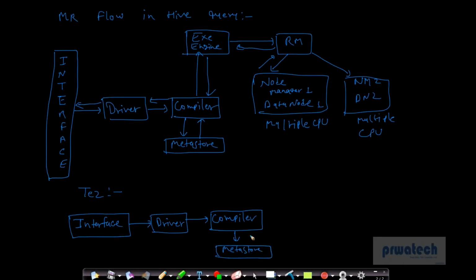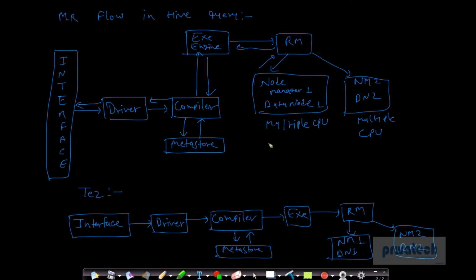From metastore, they're going back to compiler, then execution engine, processing in resource manager, given detail by Yarn, and then they're processing in node manager, which is having CPU, data node 1 and NM1, node manager 2, data node 2. Only one difference there, they are creating a map task and reduce task if required for aggregation. This two thing is created in the flow of MR.